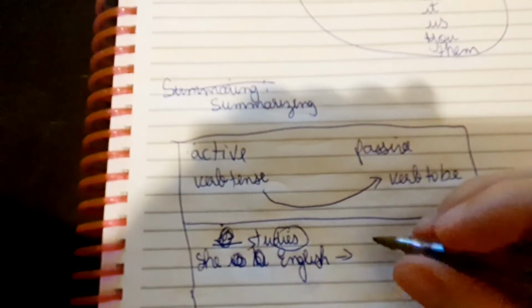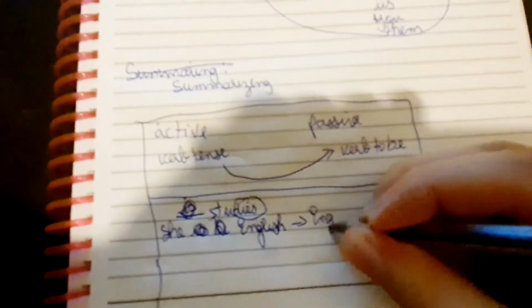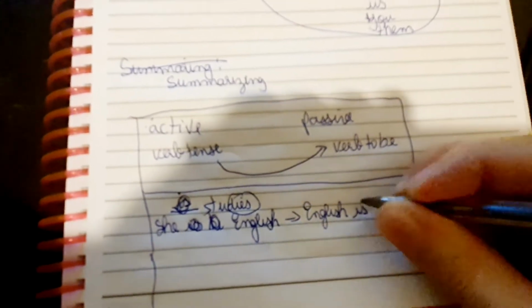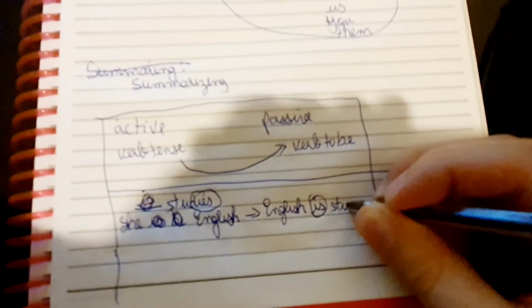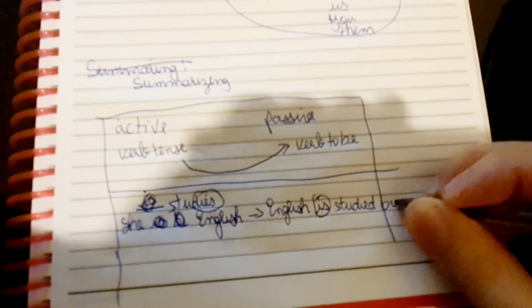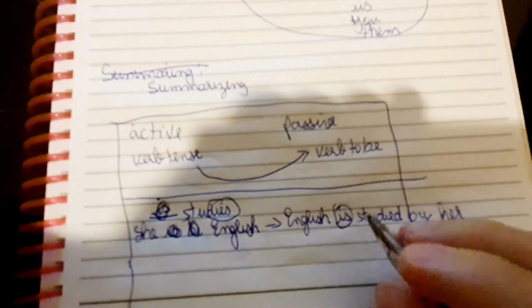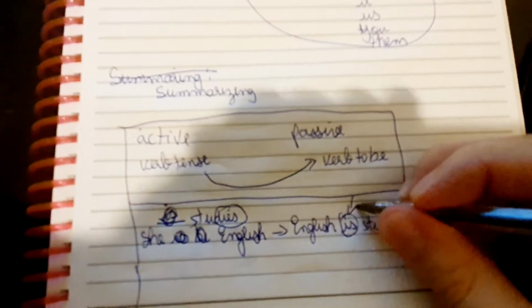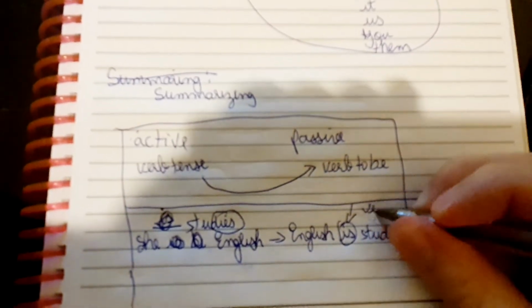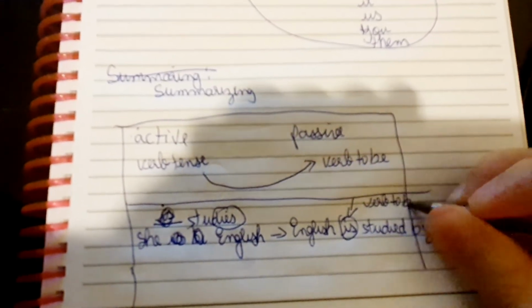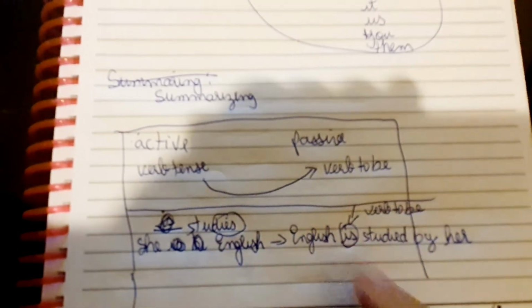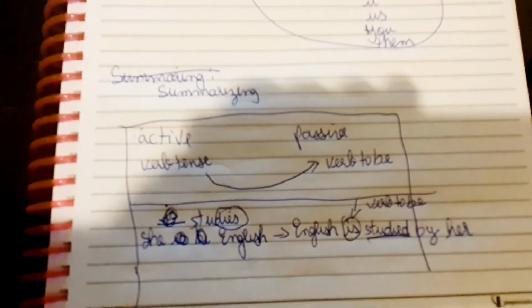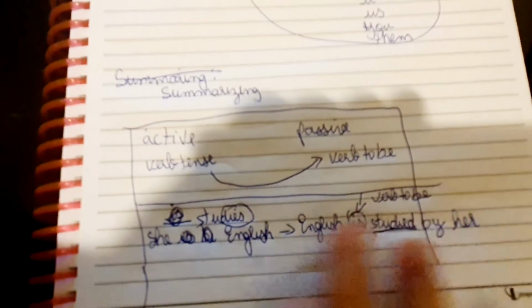So the passive voice: English is studied by her. So the verb tense of the active voice becomes the verb tense of the verb to be in the passive voice. Okay? Plus a verb in the past participle. So this pattern comes with every structure.